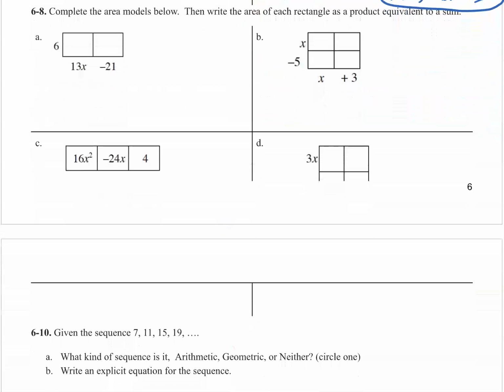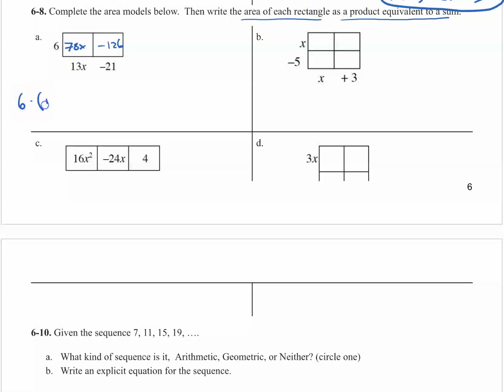Complete the area model below. Okay, so let's look at A. 6 times 13x, we multiply to fill in the numbers in the middle. That's going to be 78x. And then 6 times negative 21, that's going to be negative 126. Write it as area as a product equal to sum.